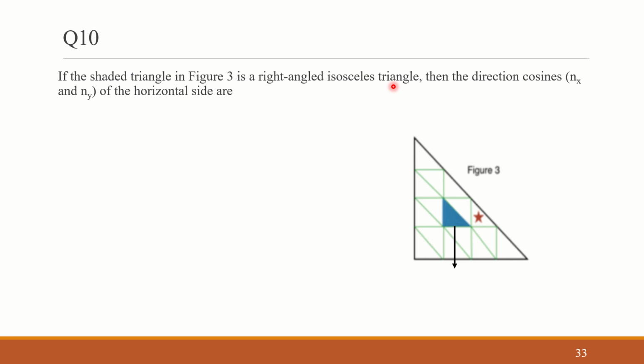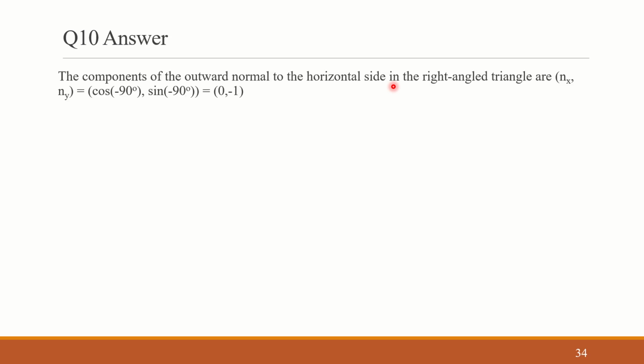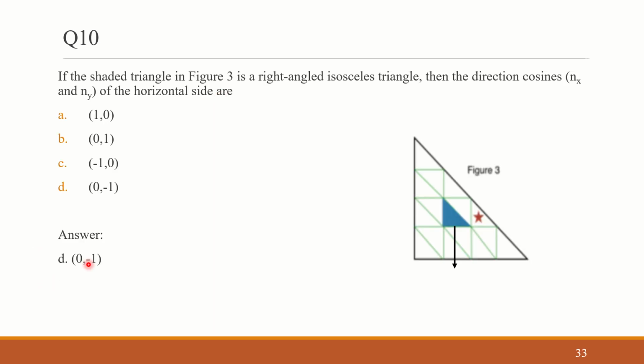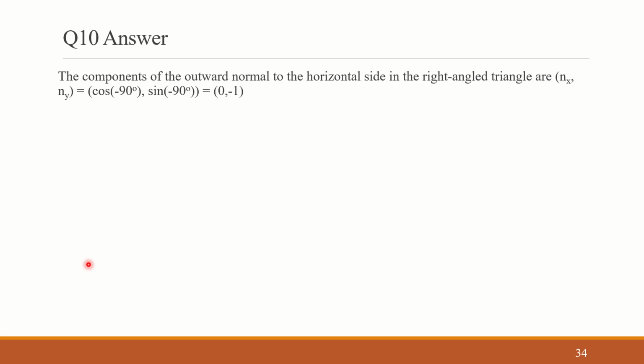Yeah, 0 comma -1, that is option D, is the right answer. Now we will go to question 10. The components of the outward normal to the horizontal side in the right angled triangle are nx comma ny equal to cos of -90 and sine of -90, which is 0 comma -1. So option D is the right answer, 0 comma -1.